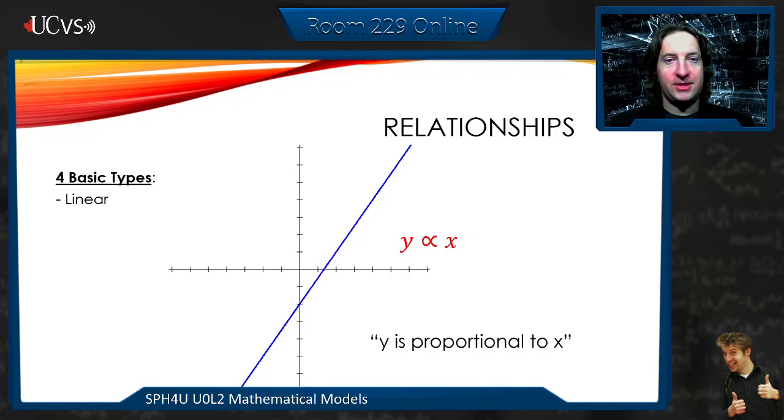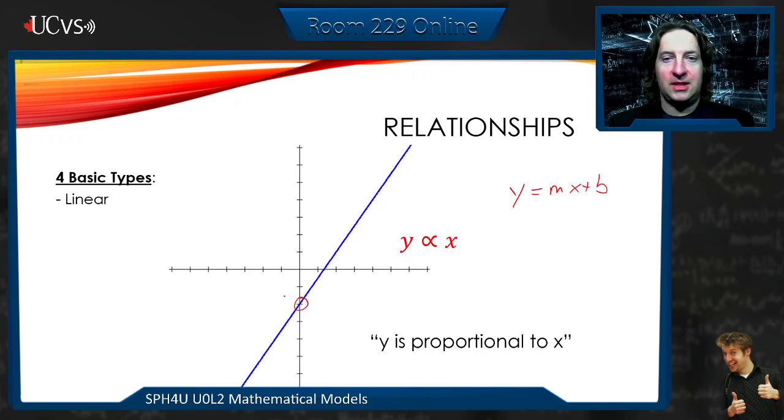So, for example, here, this is a linear relationship. Things like this happen in nature a lot, right? As one thing goes up, another thing goes up, and we can model this with y equals mx plus b, right? We have our y equals mx plus b from grade 9 math, right?